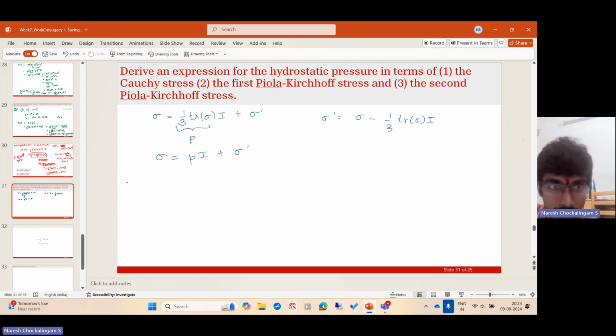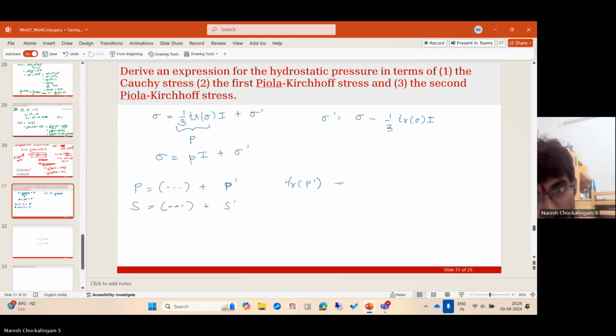Similarly, we can also show that the first Piola-Kirchhoff stress is something plus a deviatoric part, and this will be derived from this. Similarly, the second Piola-Kirchhoff stress is also something plus a deviatoric part. Now, essentially, the trace of P dash and the trace of S dash are not necessarily zero. They are not truly hydrostatic.